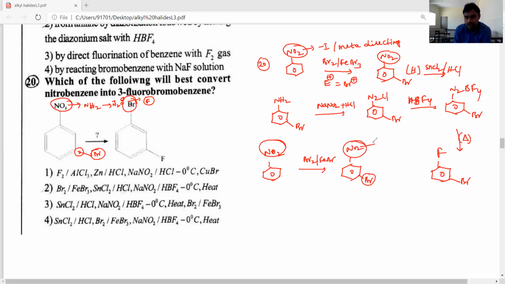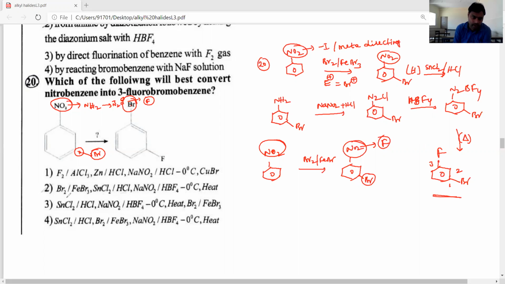This NO2 we converted into fluorine finally, by reduction, followed by diazotization, followed by treatment with HBF4 on heating. Then that NO2 group is finally converted into fluorine. And what is the position of bromine and fluorine? 1 and 3. Okay, this is the final product.